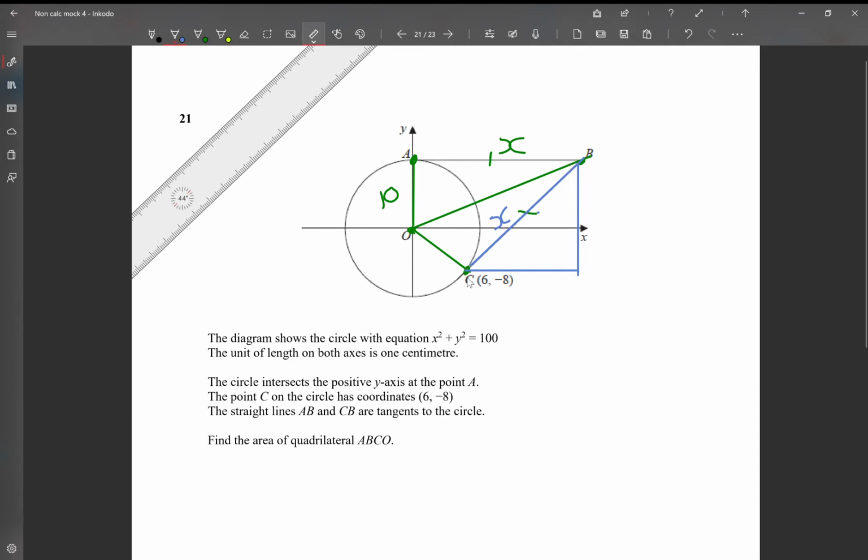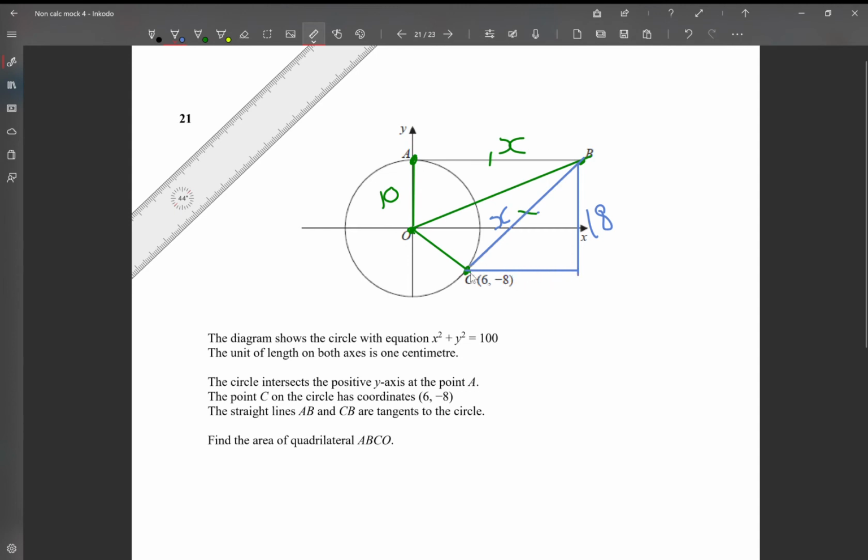We also know some information. We know the height here. The height goes all the way up to 10 and then down to -8. So therefore the height of that is going to be 18. And the width gets a little bit more complicated.